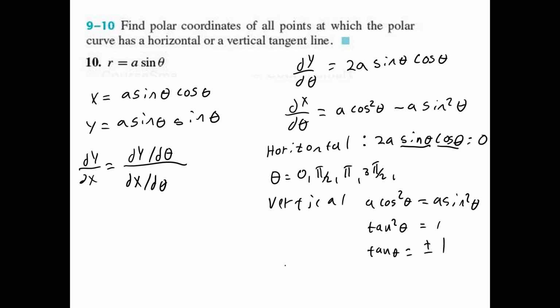And so then your theta is equal to either pi over 4, 3 pi over 4, 5 pi over 4, or 7 pi over 4. Notice that there is nowhere where both of them are 0, so this is good.